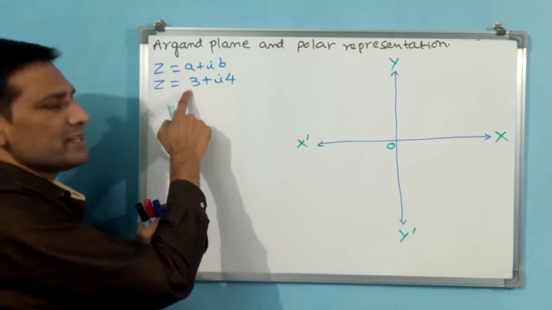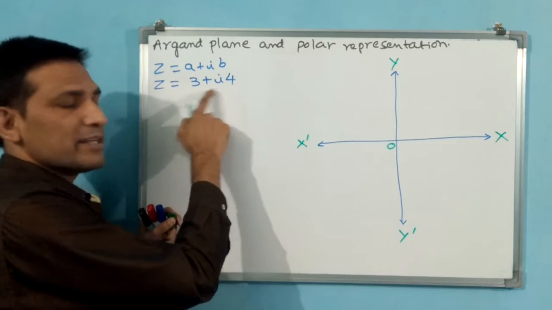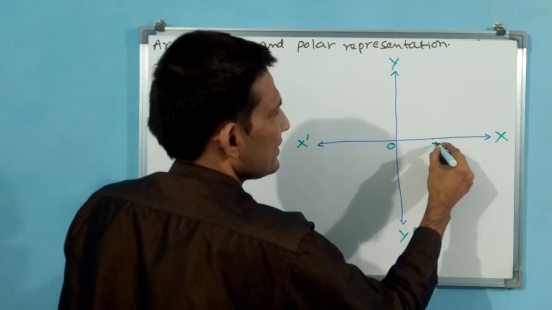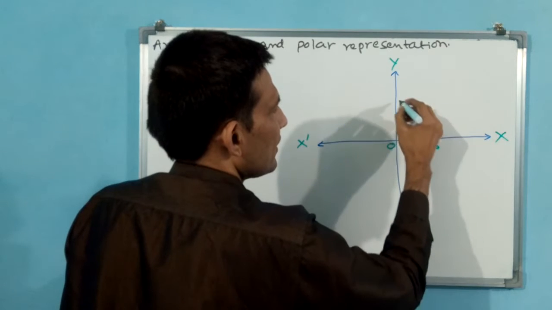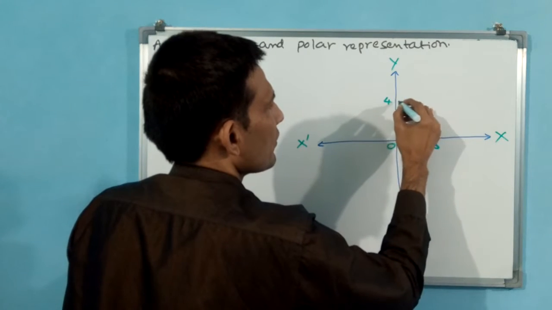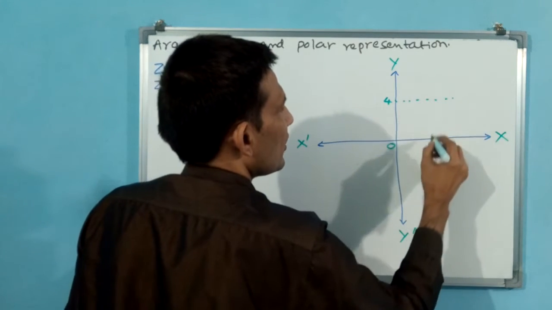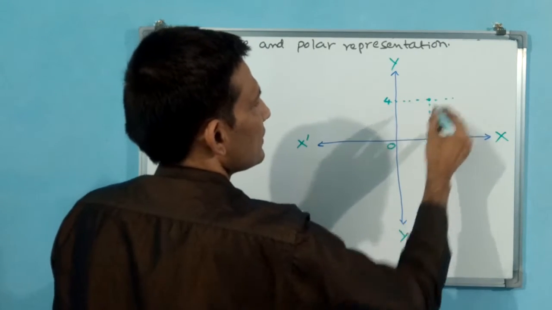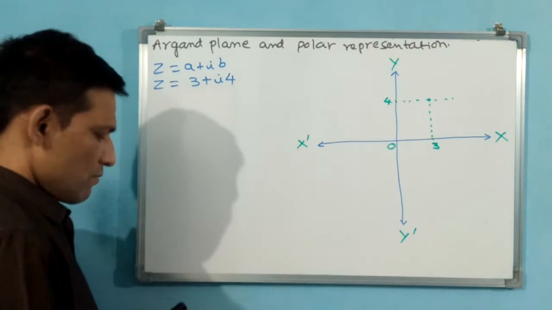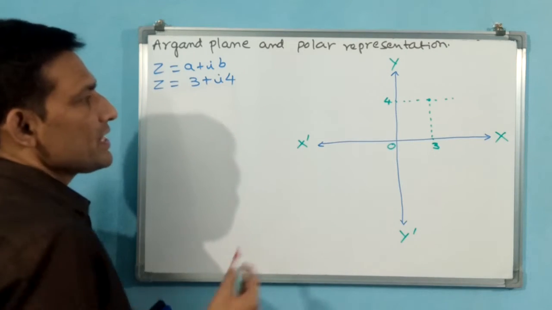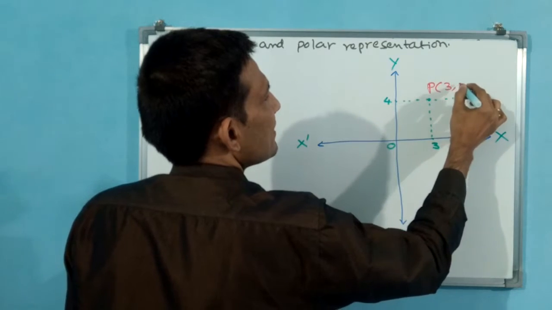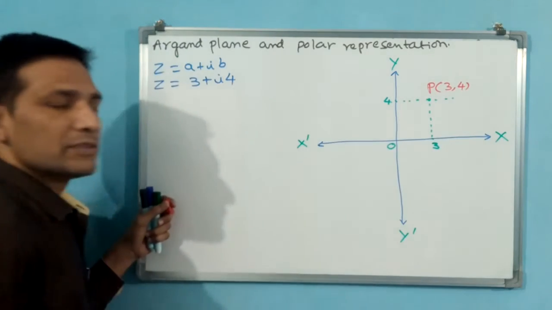In place of a, 3 has come. That means normally 3 plus i4 means 3 is horizontal. You see, 3 I have taken here, and 4 I have taken here. This will be your point. Say I will take this point as P. X-axis is 3, y-axis is 4. Is it okay?